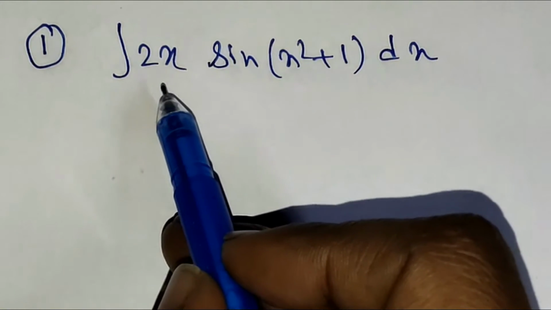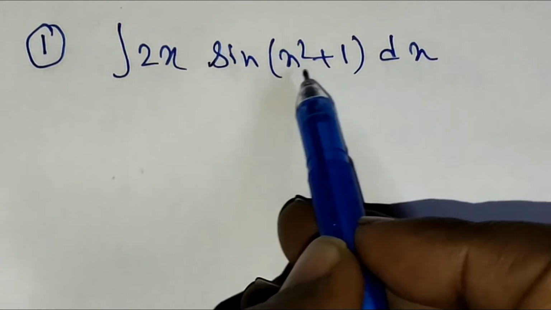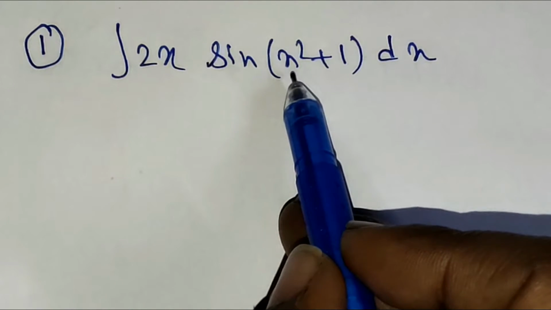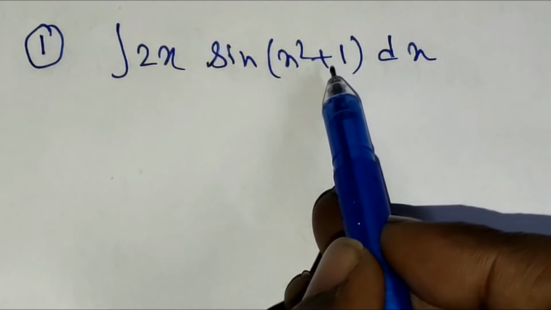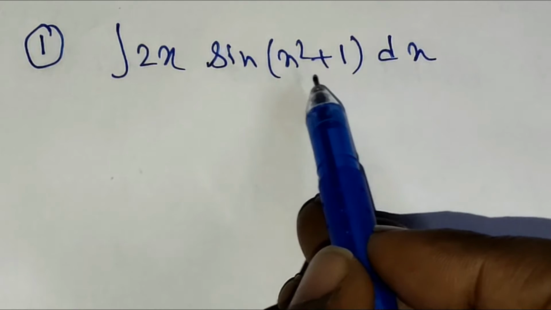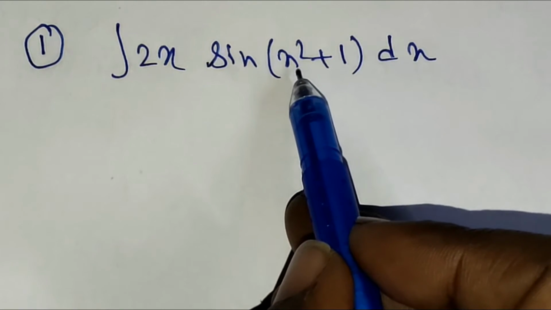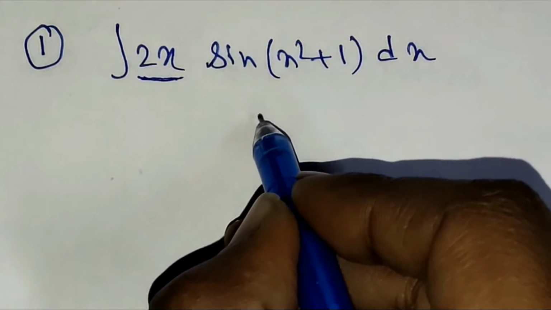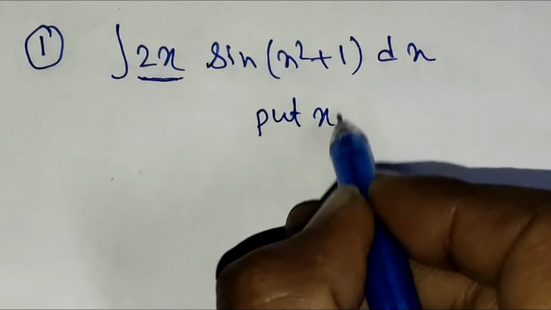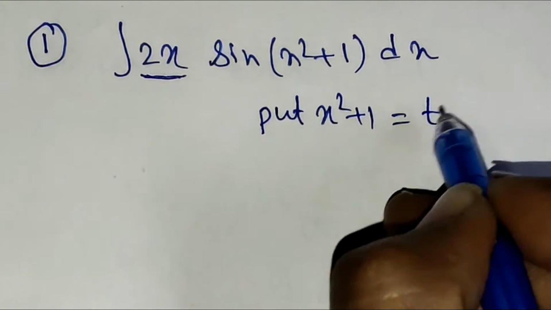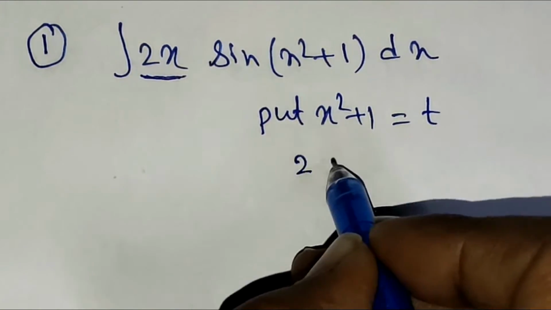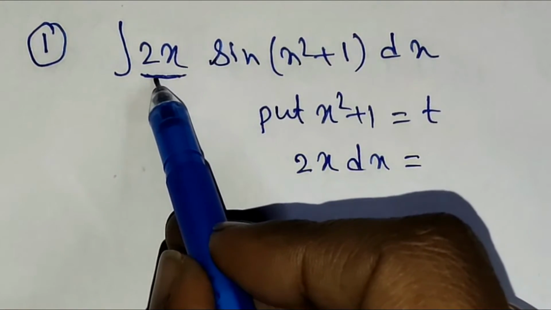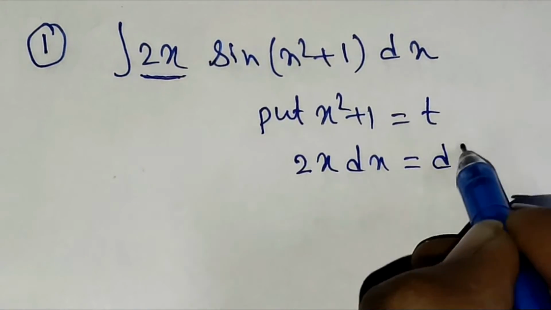Now there are two functions, the sine function sin(x² + 1), and another one, 2x. So if we choose x² + 1 as t, then its derivative is 2x, which is already present in the integrand. So if we put x² + 1 equals t, then the derivative of x² + 1 is 2x dx, which is already present in the integrand, which equals dt.